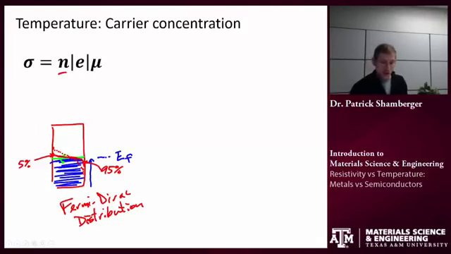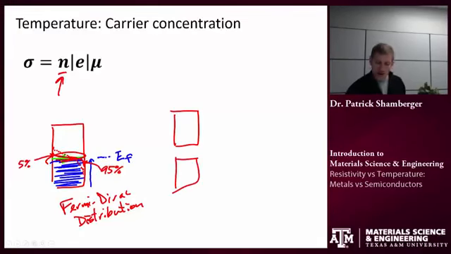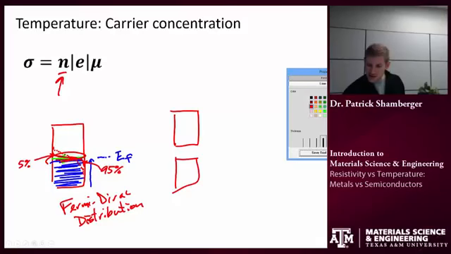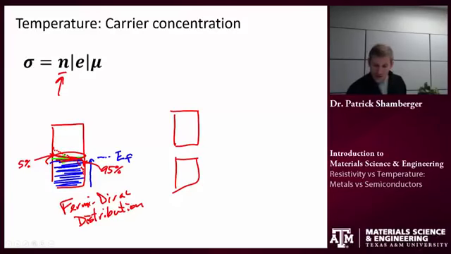Now in metals, this does not actually matter that much, because we already have a large number of carriers at that Fermi level. So if I increase the temperature a little bit, it's not increasing the number of carriers all that much. That's different from the semiconductor case, because in this case, my Fermi level will be somewhere in here.